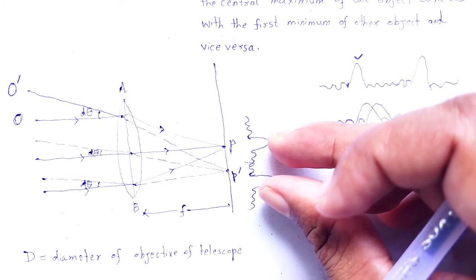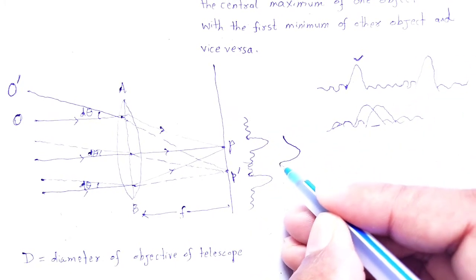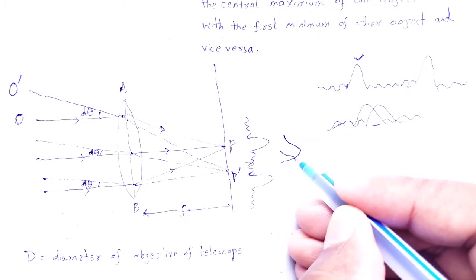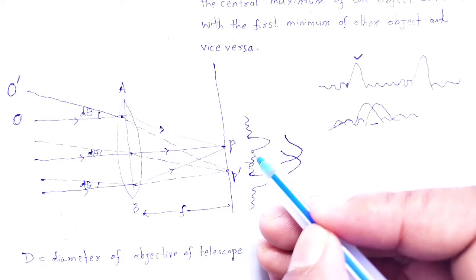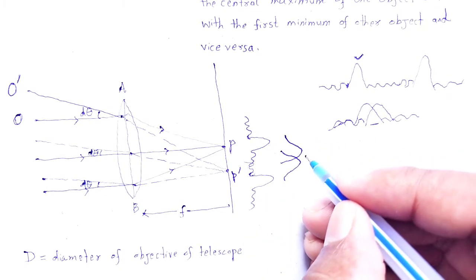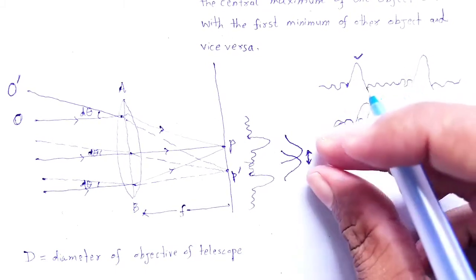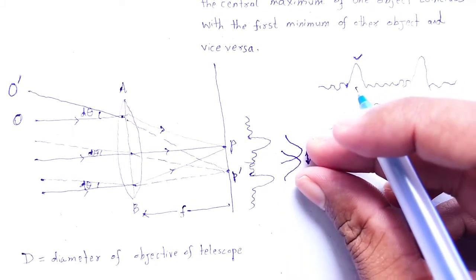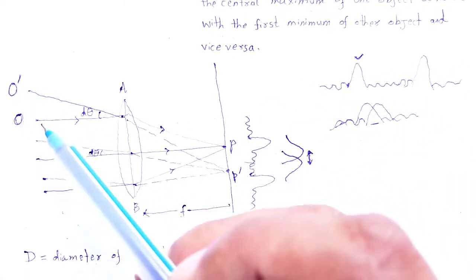According to Rayleigh's criterion, the central bright of one coincides with the first minimum of the other, and that is the minimum distance between these two. That is why we can easily distinguish the two objects.